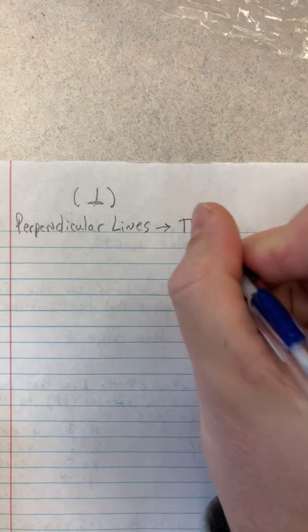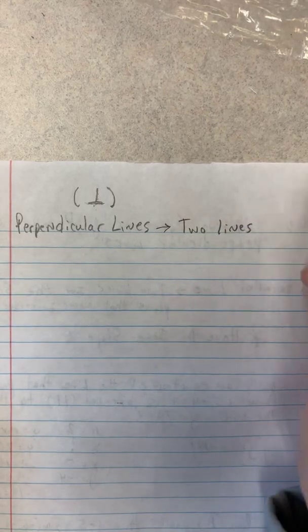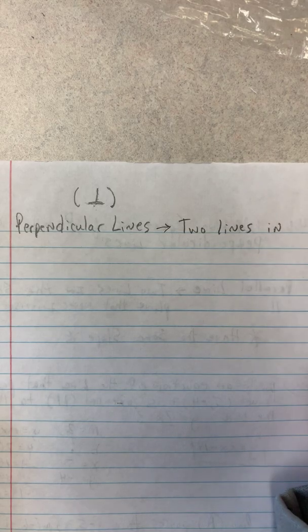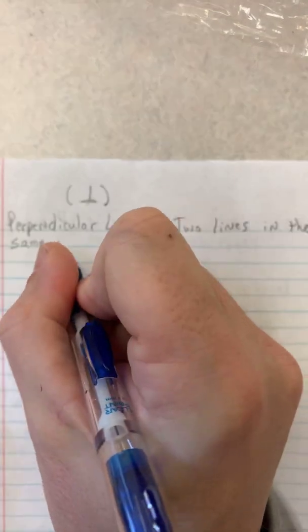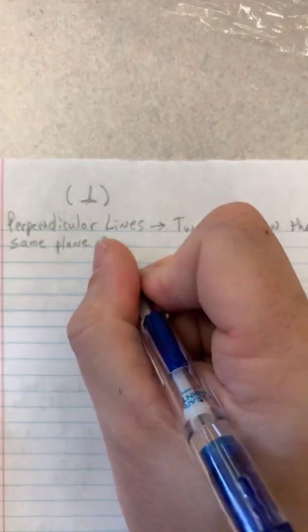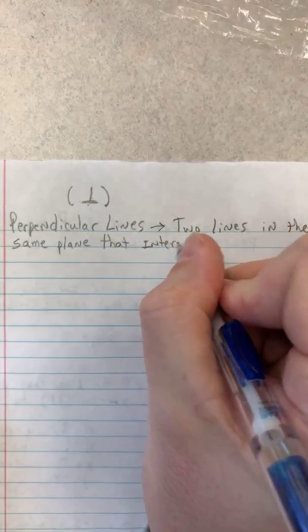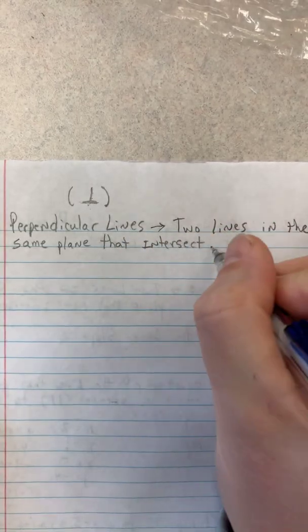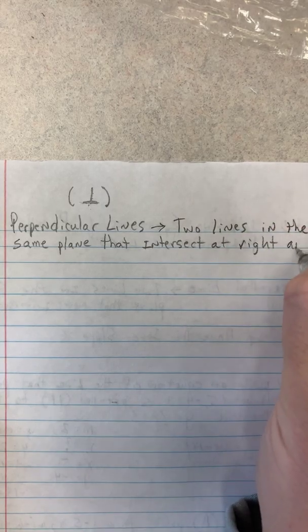Definition: two lines in the same plane, in the same coordinate plane, that intersect at right angles.